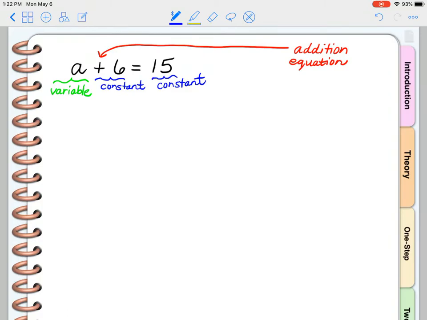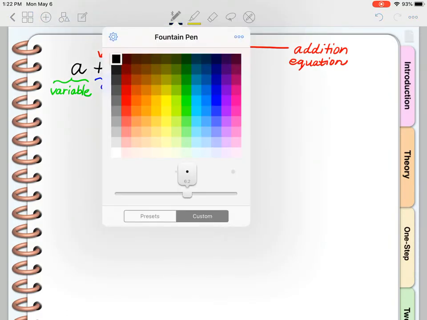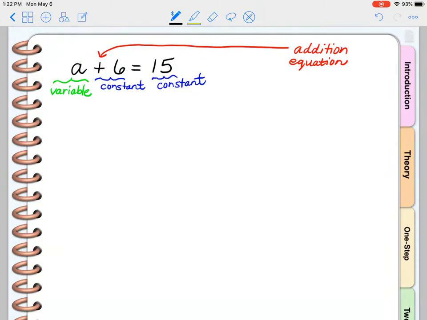Okay, before we even do that, let's mentally see if we can calculate the value of A. So instead of the A, I'm going to rewrite this with a box. And let's see if we can figure out the unknown for A. So we want 15 total. I have 6 already. So here is 7, 8, 9, 10, 11, 12, 13, 14, 15.